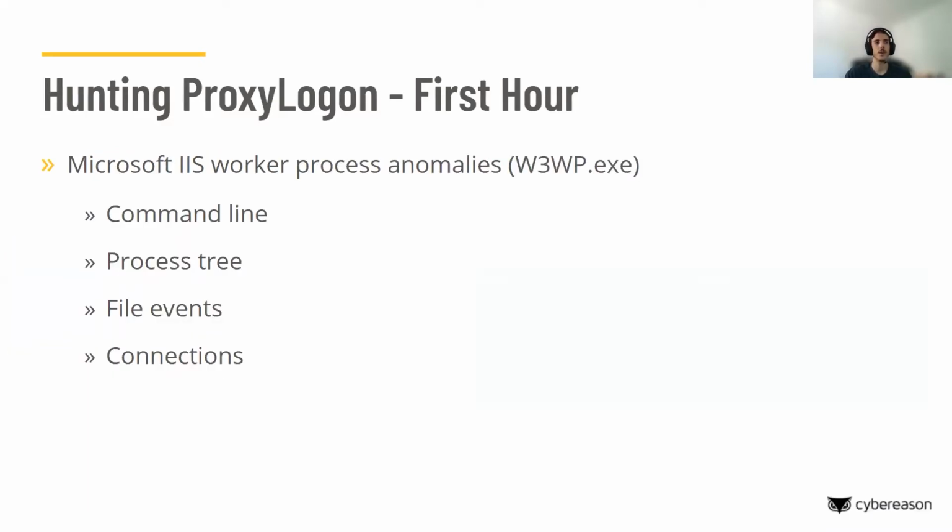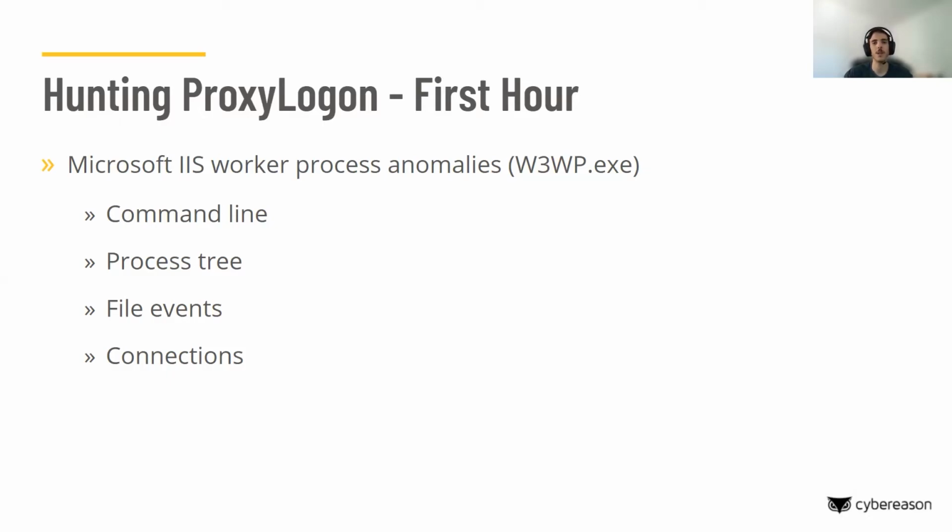Next, from OSINT, the open source intelligence, we saw that the threat actors are using the IIS worker process, or w3wp.exe, which is the web component of the Exchange email server. So we looked for all the w3wp executions on those servers, and we started to look for anomalies.